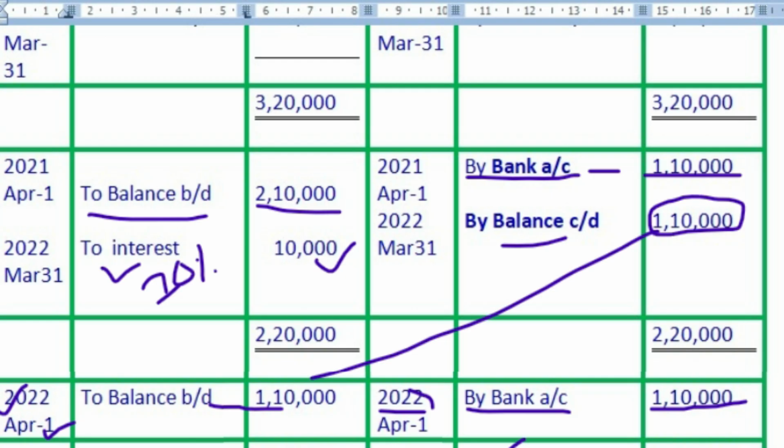Well viewers, so I hope you have understood the problem on hire purchase accounting. When the cash price is not given in the question, it is missing.